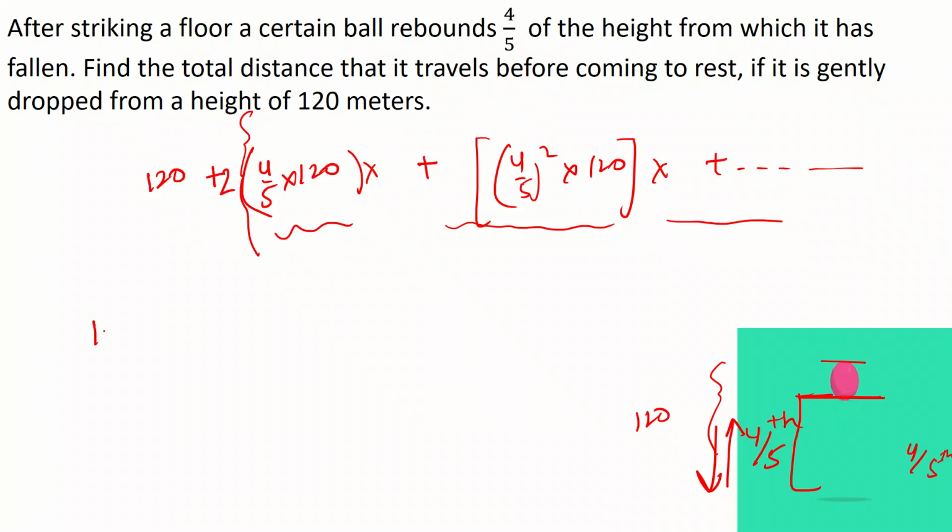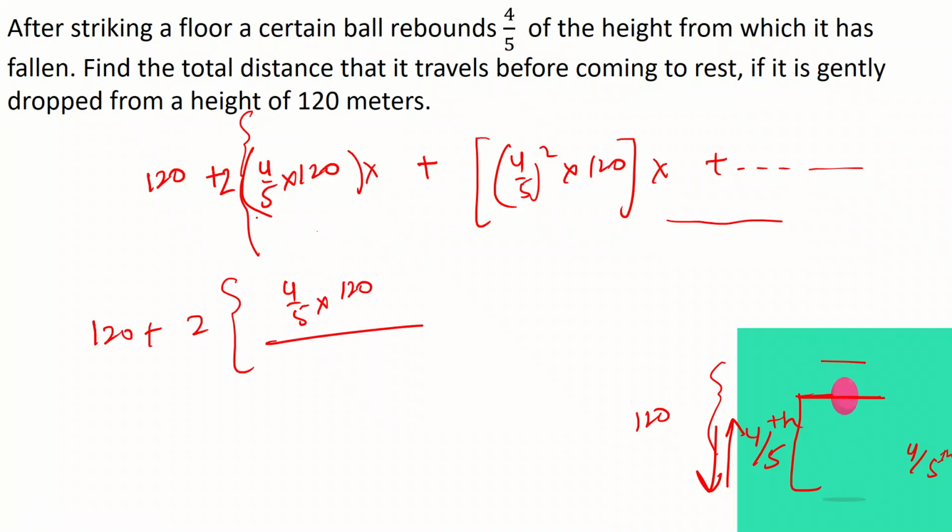So the sum will be 120 plus 2 times the first term a, which is 4 by 5 times 120, and my common ratio is this divided by this, which will be 4 by 5. So 1 minus r is 1 minus 4 by 5, and all I need to do is just simplify. So 5 times 120 divided by 5 is 96.